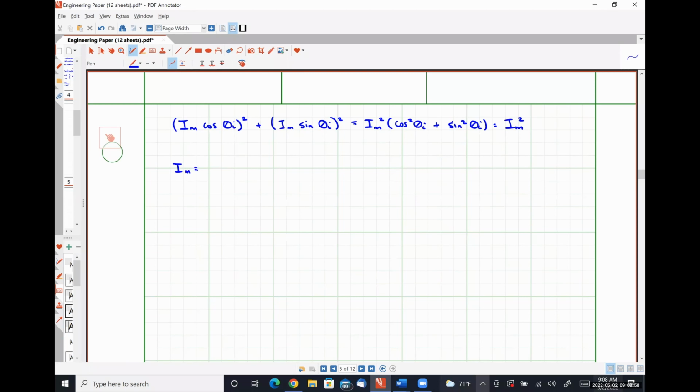Im, actually, let's do it squared and then take the square root so the math will be easier for us.